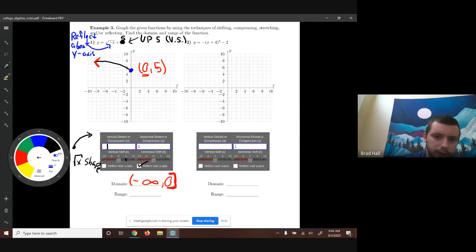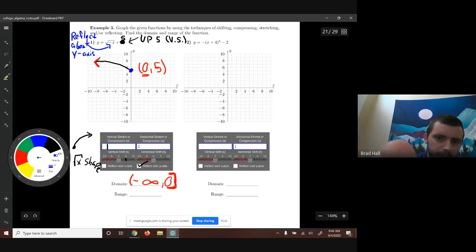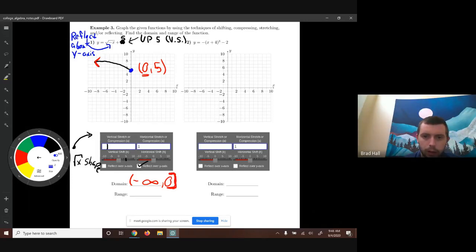As I was mentioning, for the range, the lowest point is here where I shaded it in blue. Since we're dealing with y values, we will take the 5, which has a bracket because, again, that point is included in the graph. What's the highest point we can reach?